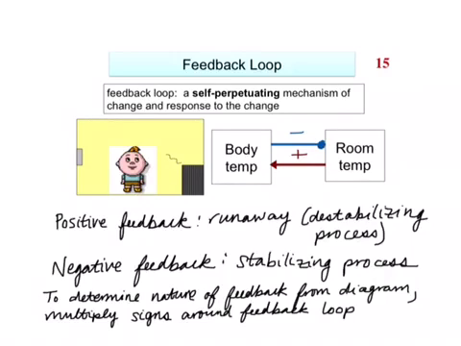So here, I'm just going to use a different color. Let's pick green. So here, the product of that feedback loop equals -1 times +1, which equals -1. So therefore, this is a negative feedback.